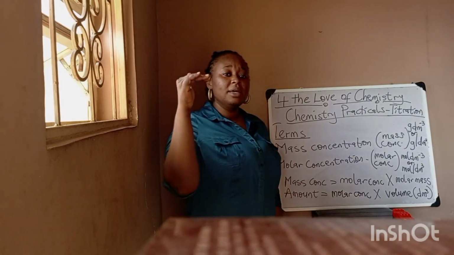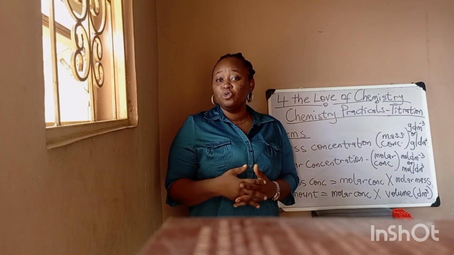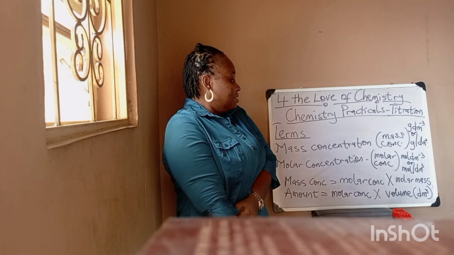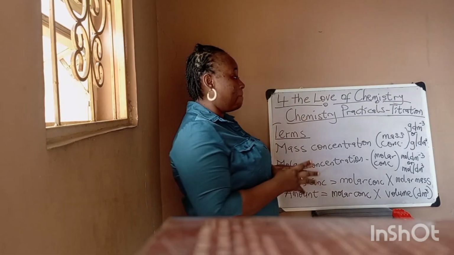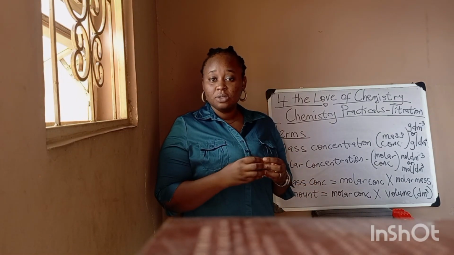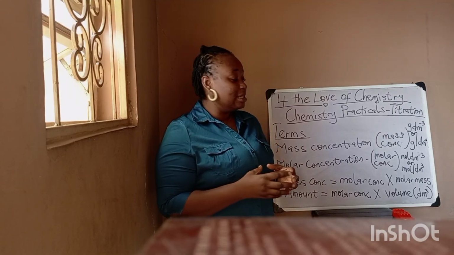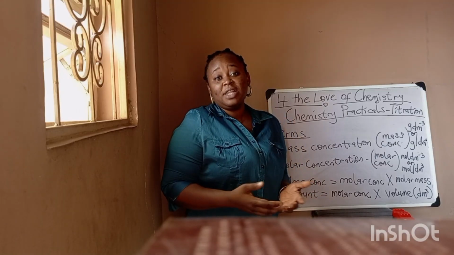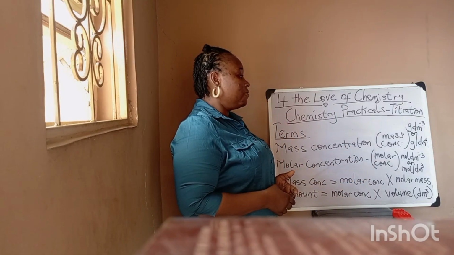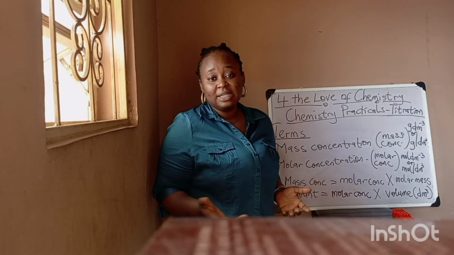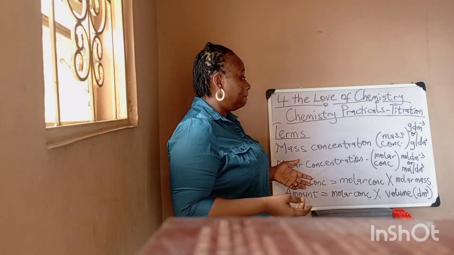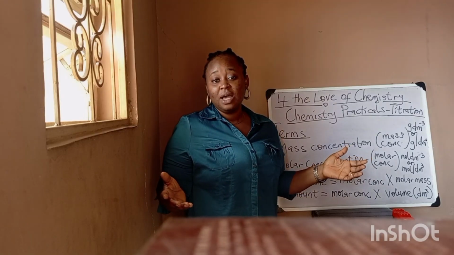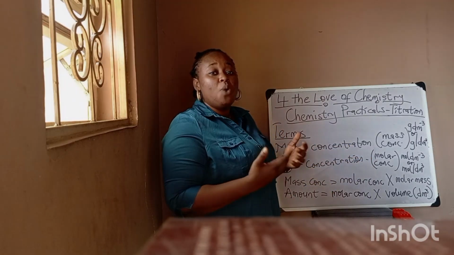And from the units, you can actually know how to solve some of the questions. For instance, let's say you were given the mass of a particular compound that is dissolved in water, say 2 grams of tetraoxosulphate(VI) acid dissolved in 1000 cm cube of water. 1000 cm cube is equal to 1 dm cube.